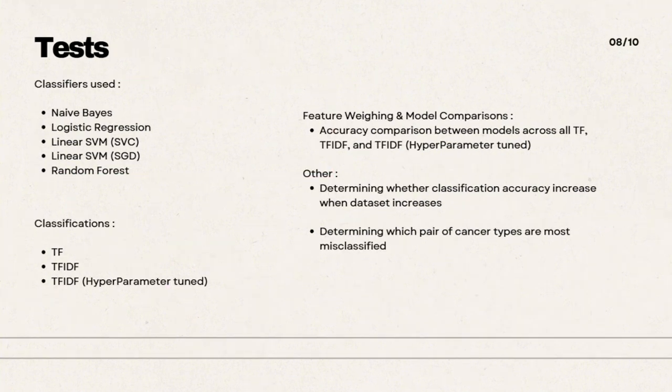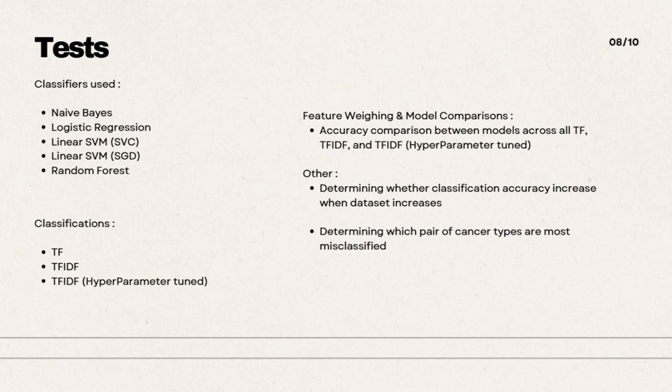Next are the tests that we did in this project. We use the classifiers naive Bayes, logistic regression, linear SVM, SVC, and linear SVM SGD. And lastly is random forest, although we only used random forest in the first part and not later in the project, because we felt it wasn't needed.